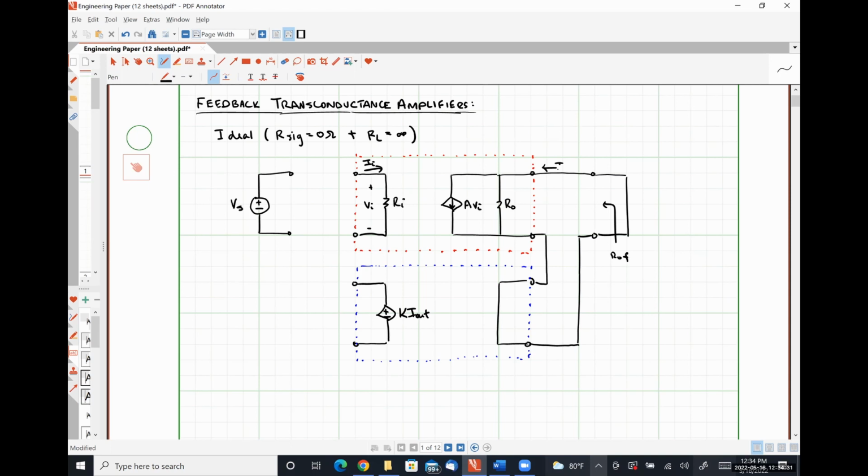Here is our output current, I out. On the left-hand side, we have our series connection as well. This is our feedback voltage.